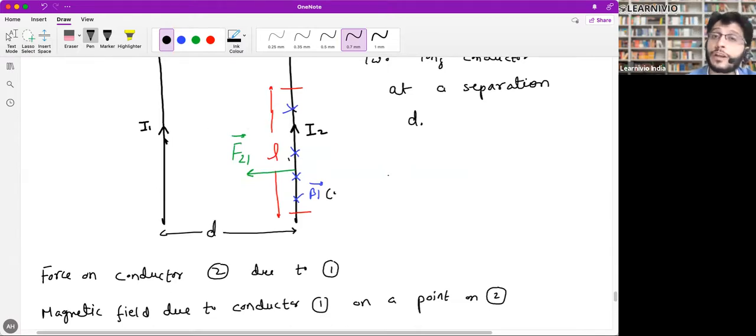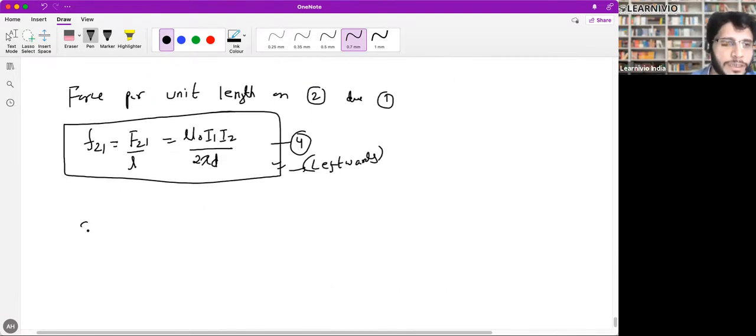Yes, if conductor 1 is exerting some force on 2, then 2 will also exert some force on 1. Conductor 2 will definitely exert some force on conductor 1, and that will be F1. Similarly, force on conductor 1 due to 2.